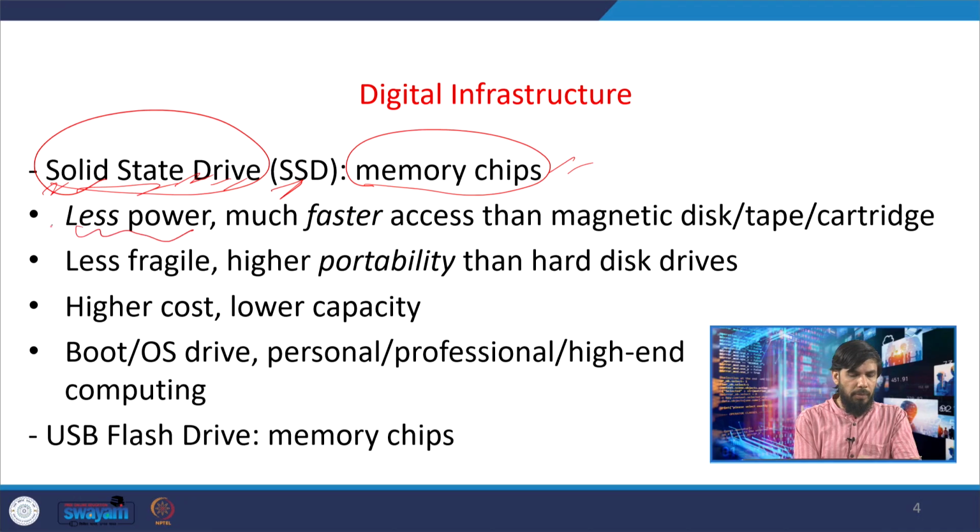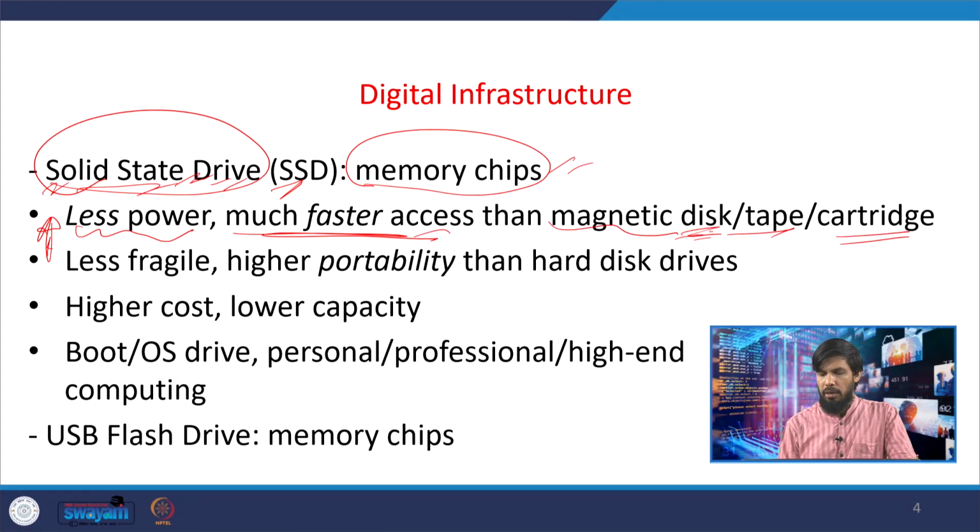Less power, right. This takes less power because you have to manage on and off states, so the amount of power needed to manage that is less. Much faster access, right. Memory chips are much faster than magnetic disk, tape or cartridge. Earlier we talked about secondary storage media like magnetic disk, magnetic tape, or magnetic tape cartridge, so it is much faster than all these storage media.